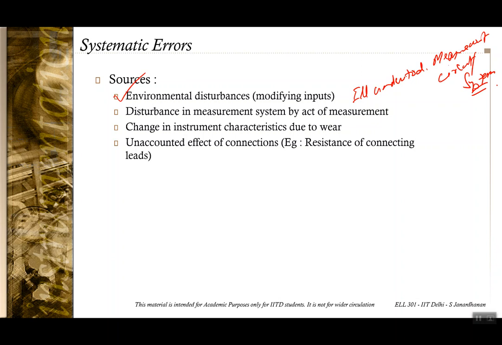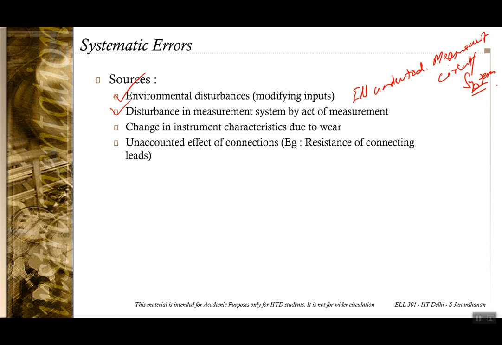Okay, and in the measurement itself, if the system is not calibrated properly or not designed properly, the act of measurement itself can cause a disturbance which will cause an error in the reading.